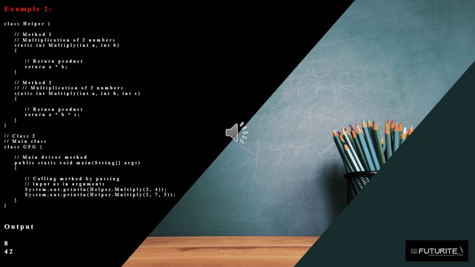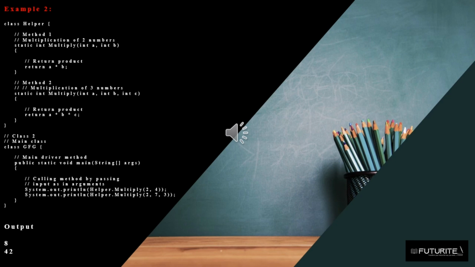So it will depend on the number of parameters it consists of. And also, as I have said, these are the parameters A, B, C and these are the values 2, 4, 2, 7, 3. These are the values that you are passing to the parameters, and the parameters are being multiplied, and the final result of the calculation is being returned by the method and displayed in the output.